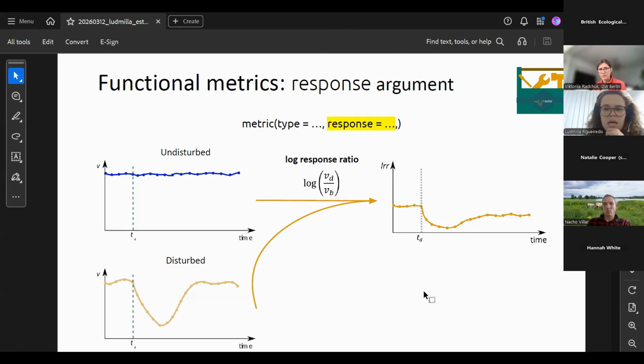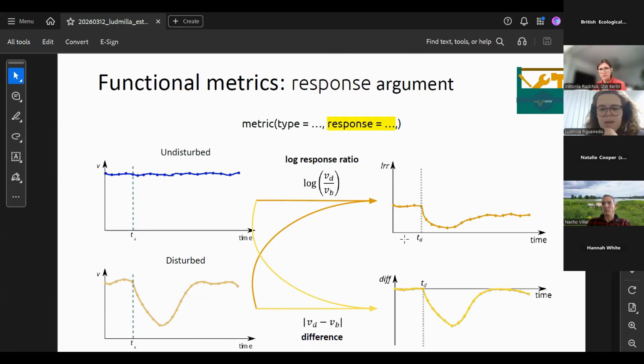Another possibility is by taking the difference between your disturbed and your undisturbed states. These are possible arguments that you'd give to the function, where you define: this is how I want to measure my stability, this is how I want to compare my disturbed and undisturbed systems.